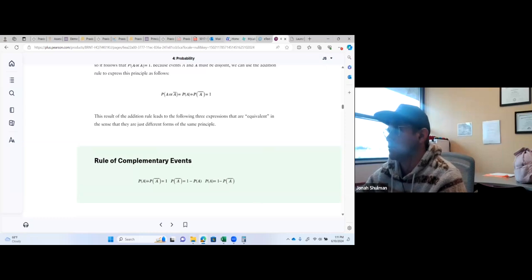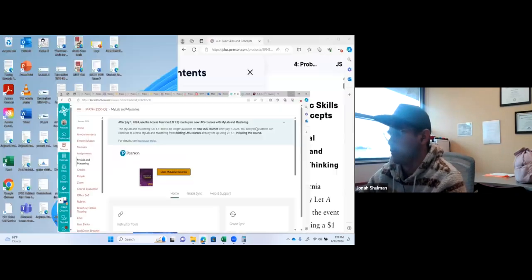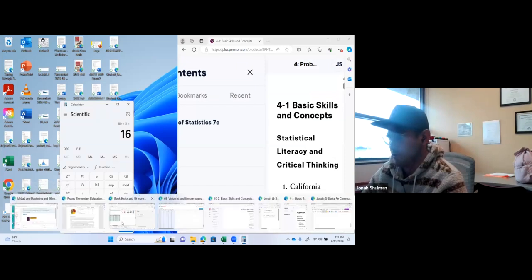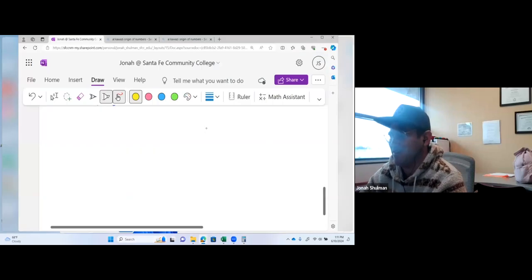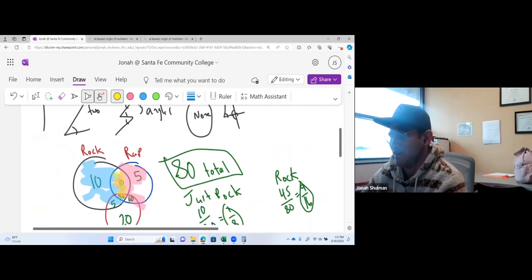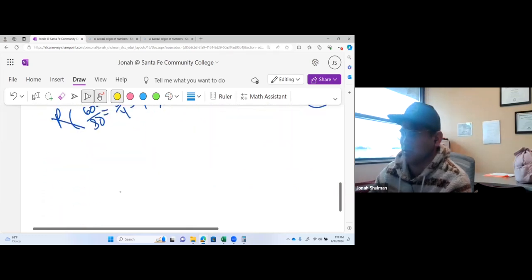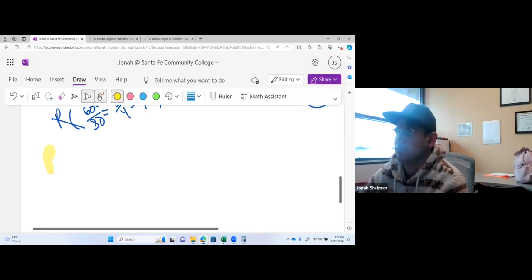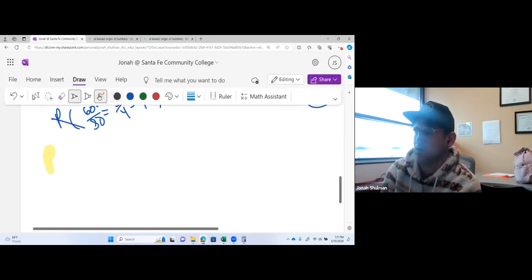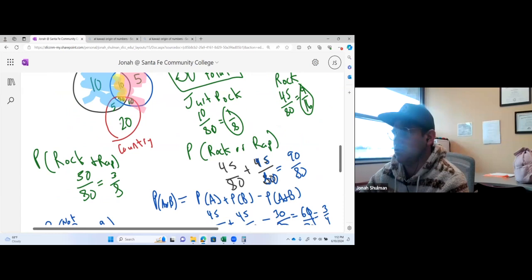So how do we go back to my little example? Sorry about that. So notice that I said not A. If I take A happening, so country happening, we see it's 20.